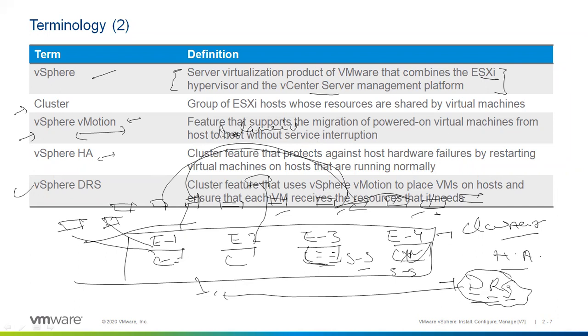When I say balancing, it means it will automatically migrate your virtual servers from an unbalanced, or I would say fully loaded, host to a free host. That is what your Distributed Resource Scheduler is going to do.